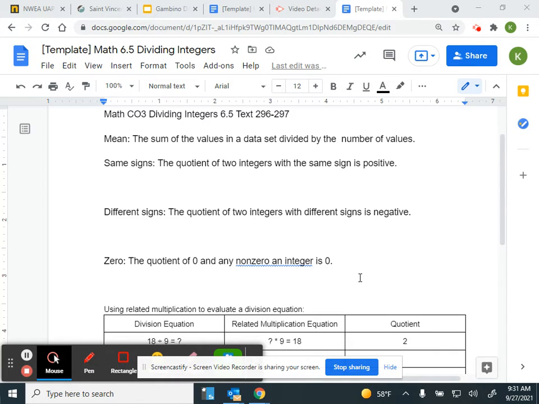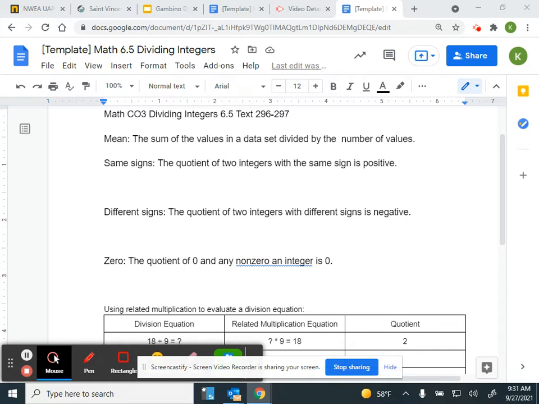Now there are the rules for dividing integers. If there are the same signs, of course my pen is not working right now. So if there are the same signs, the quotient of two integers with the same sign is positive. So if you have two positives or two negatives that you are dividing, that quotient will be positive.